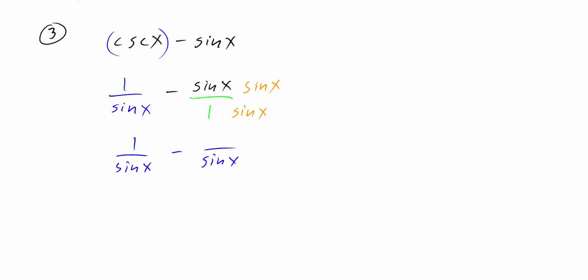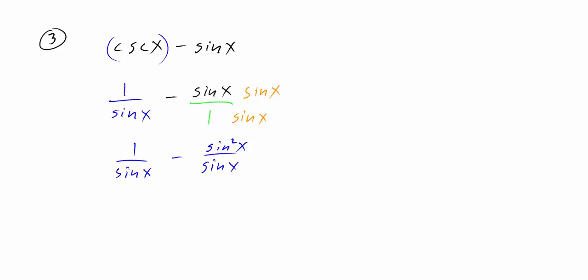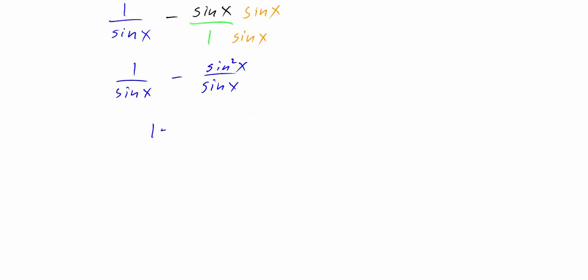So the numerator will become sine squared x. So now that we have a common denominator, we can subtract: 1 minus sine squared over sine of x. And once again, this top piece, 1 minus sine squared, looks like one of our Pythagorean identities.